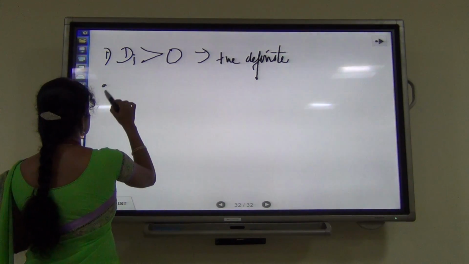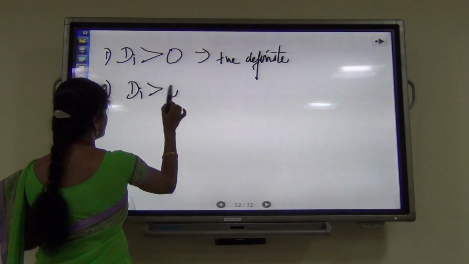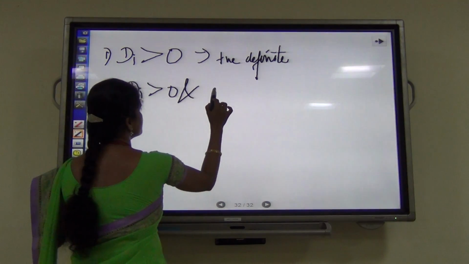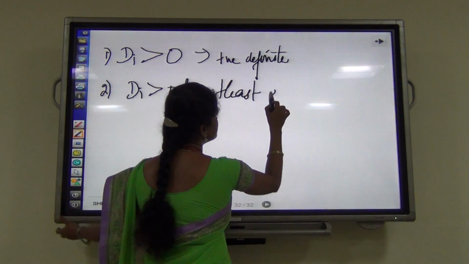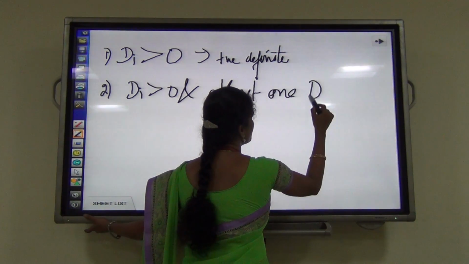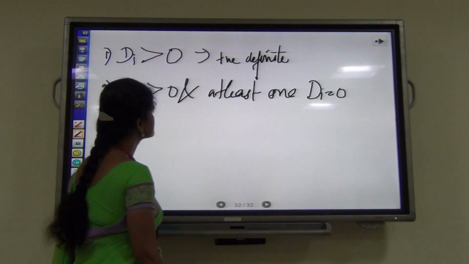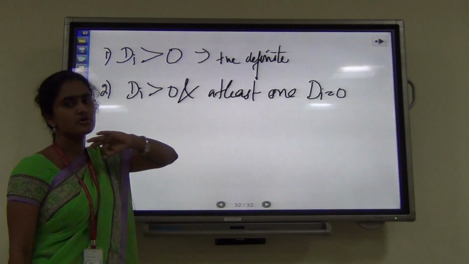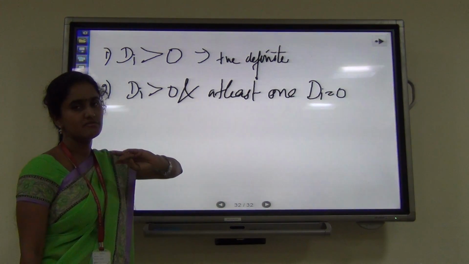The second case, if all Di's are greater than 0 and at least one Di is equal to 0. All Di's means D1, D2, D3. Since we have been talking about a 3 cross 3 matrix everywhere, maximum we can find D1, D2, D3.